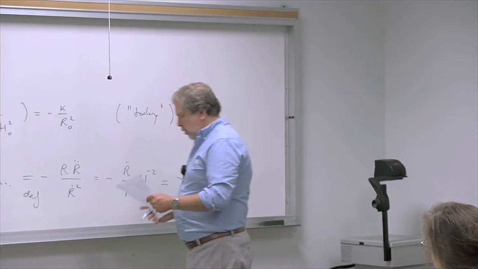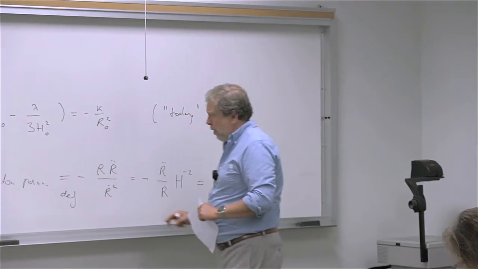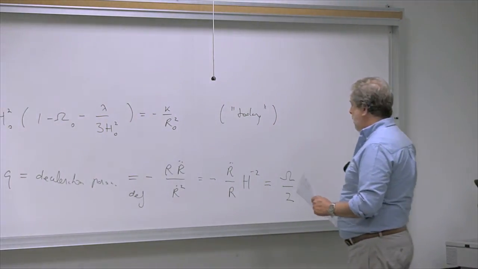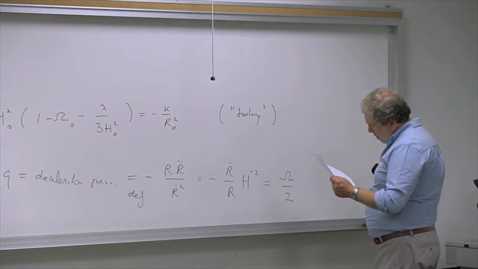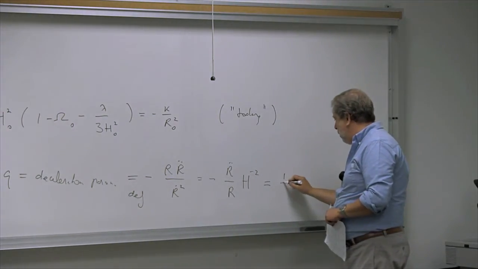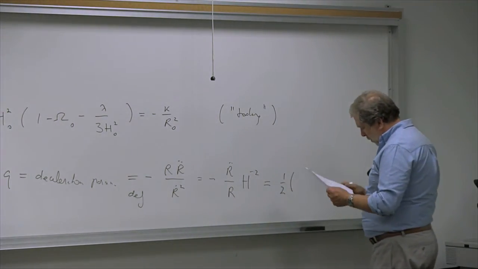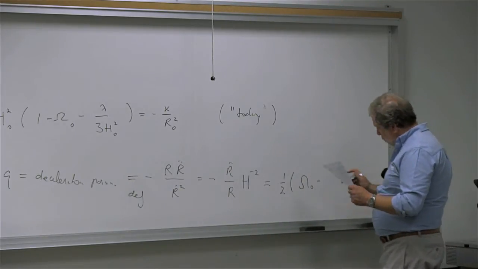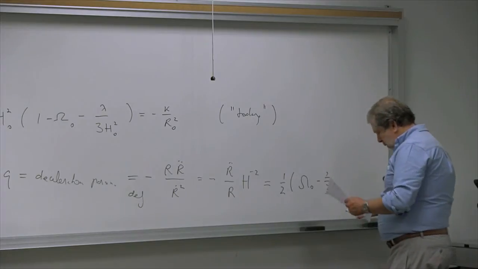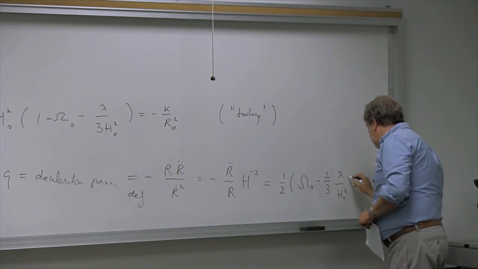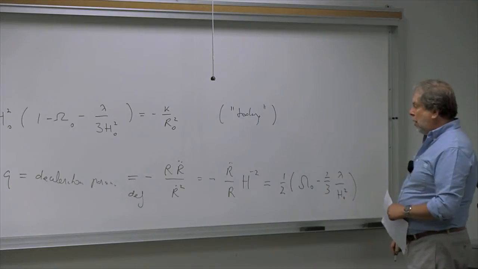And the second relationship is also changed when we have a lambda term. So the definition, of course, stays the same, but the change here is that this is equal to 1/2 times omega naught minus 2/3 lambda divided by h naught squared. So it's changed a little bit.